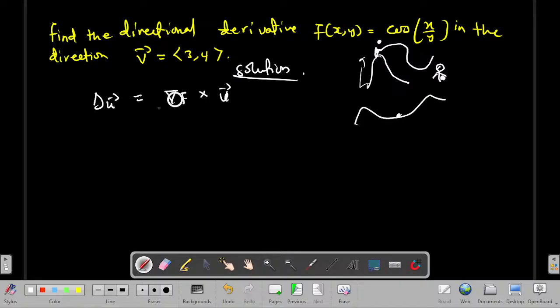What are the partial derivatives of the function? The function f of x, y is equal to cosine x.